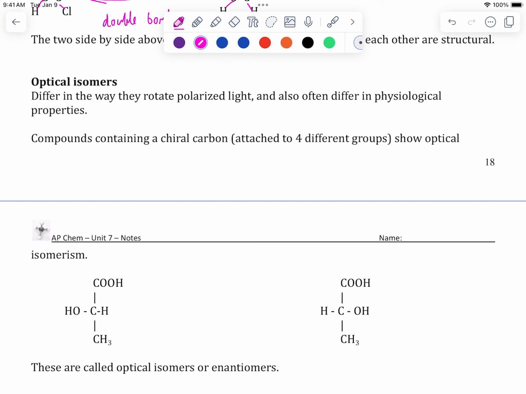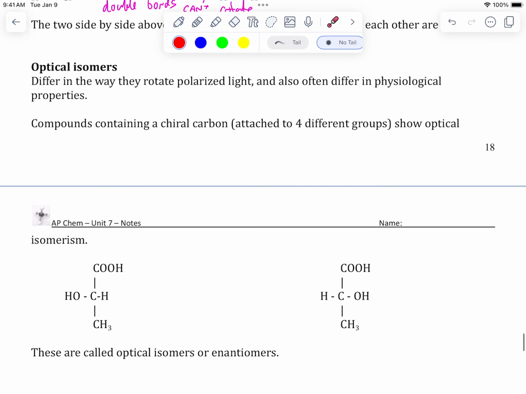Now, if you have 4 unique groups bonded to a carbon, like in this situation here, on the left we got a hydroxyl, on the top we have a carboxylic acid group, then we just have a hydrogen on the right, and then we have a methyl group on the left. There are 4 groups that are different from each other. When this happens, this is what we call an optical isomer, or it's called an enantiomer, is the technical name.